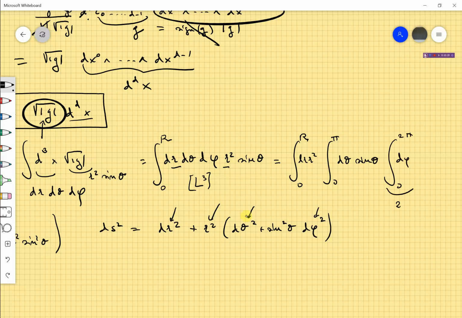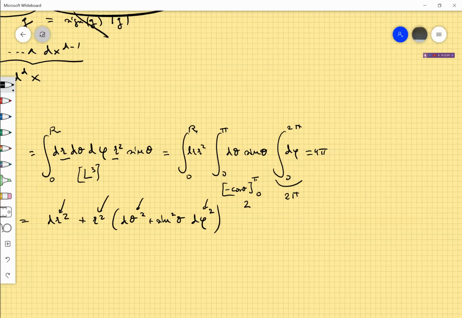This integral gives me 2 pi. The theta integral is minus cosine theta between pi and 0, which gives minus cosine of pi, which is plus 1, and minus cosine 0, which is minus minus, so this gives me 2.